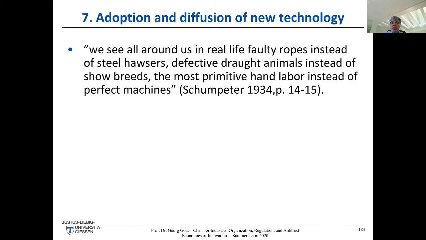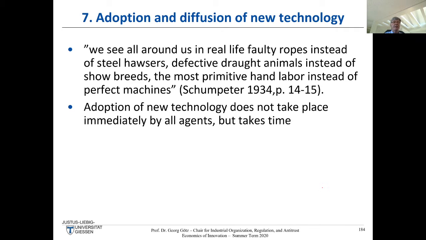The question is, is that because of ignorance and indolence, as Schumpeter puts it? Are people just too stupid? Actually, what Schumpeter said is that even though these old methods might be technologically inferior, they may still best fit the given economic conditions. Okay, that's an important point, and that's what I'm going to show you.